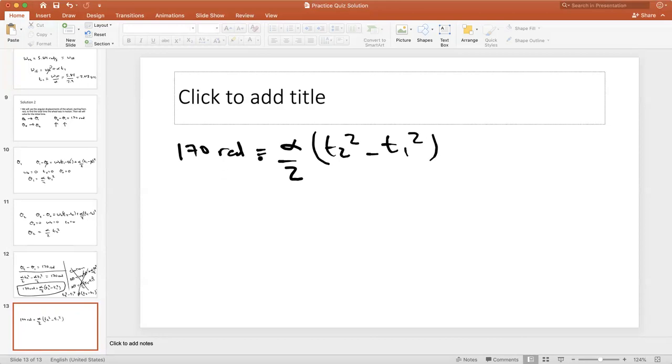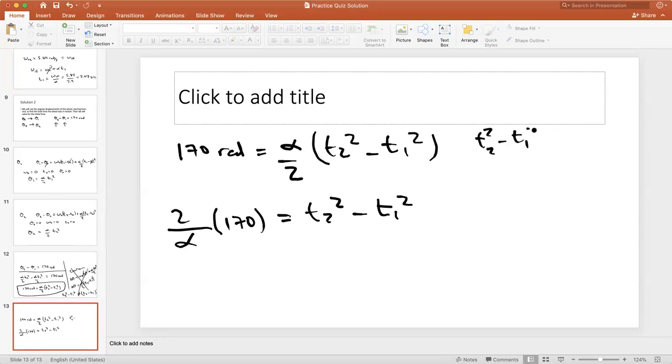First of all, let's do this quick algebra. 2 over alpha times 170 is equal to t2 squared minus t1 squared. Note that t2 squared minus t1 squared is t2 plus t1 times t2 minus t1. If you do that algebra out, you get t2 squared minus t1 t2 plus t1 t2 minus t1 squared.